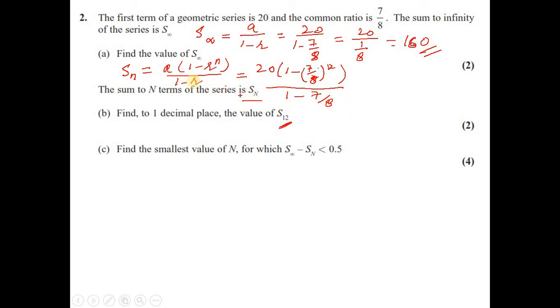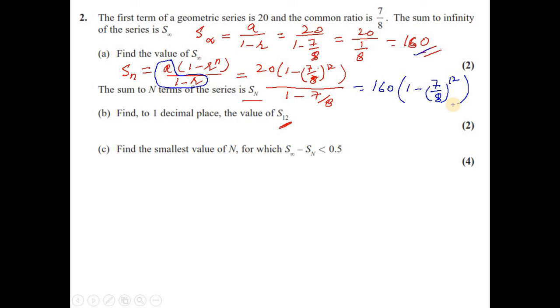If you see this, a divided by 1 minus r is the sum to infinity that we have already found. So you can rewrite this whole thing as 160 times 1 minus 7/8 whole power 12.